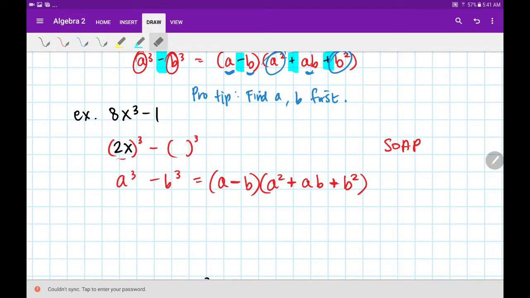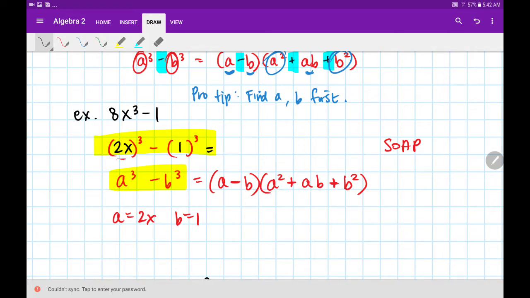Next, what times itself 3 times, or what cubed, gives me 1? The answer is just 1. So I want you to observe these 2 lines right here. Common sense then dictates that our A value is 2x and our B value is 1. So now it's just a matter of plugging them into our formula.